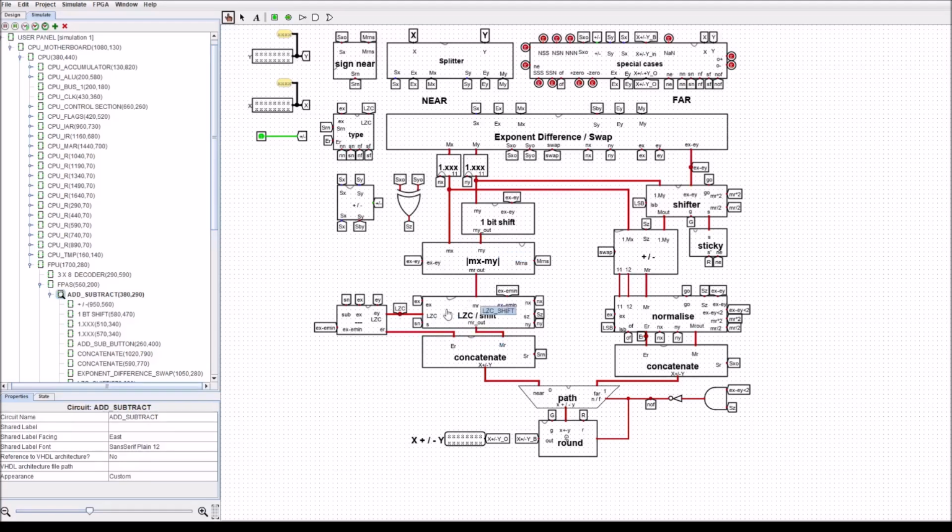We've got a leading zero count here with a shift and the concatenation. And the other path here, we've got our shifter, we've got our adder subtractor, and we've got our rounding here with the sticky bit, and also the normalization and the concatenation here, and also the choice between the two paths. And finally, we've got the final part of the rounding.